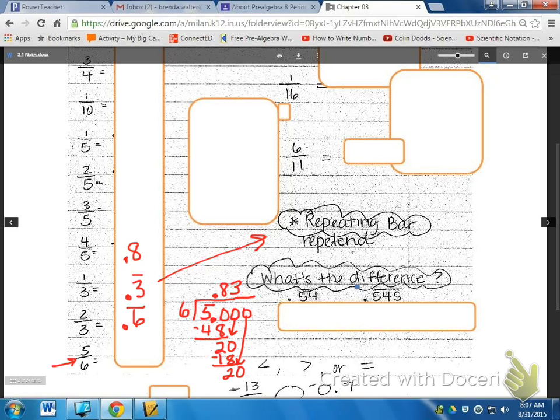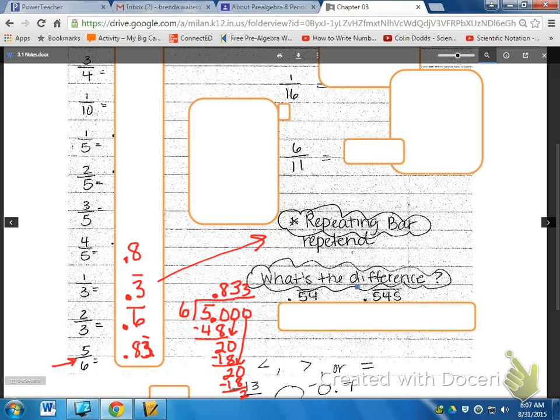It's going to be another 3. It's going to be 18, and it's going to go on forever like that, isn't it? So for 5/6, it's 0.83 with the repeating bar over the 3 only.